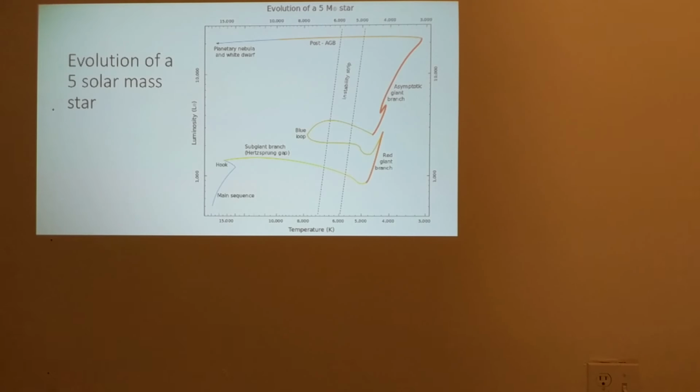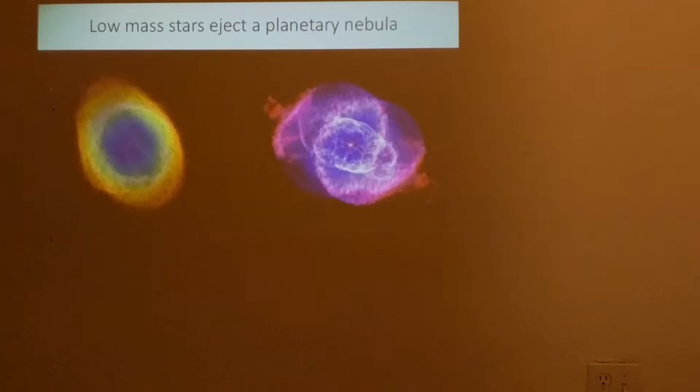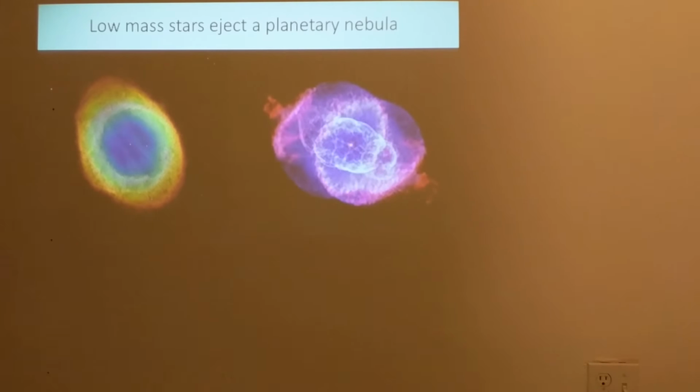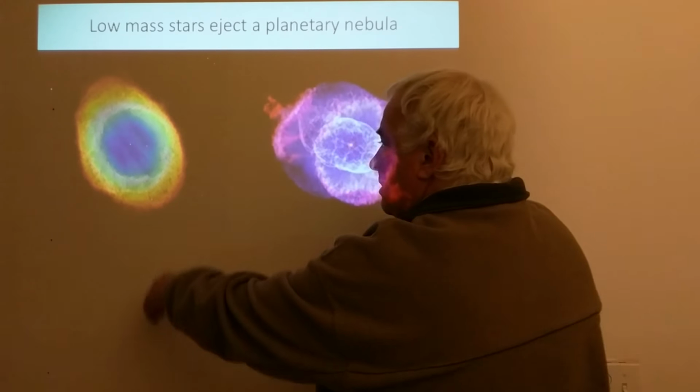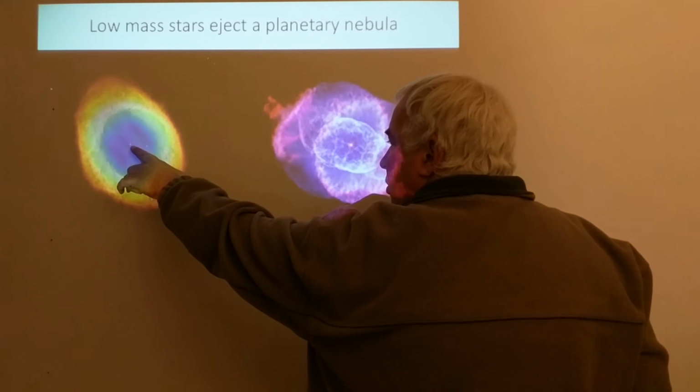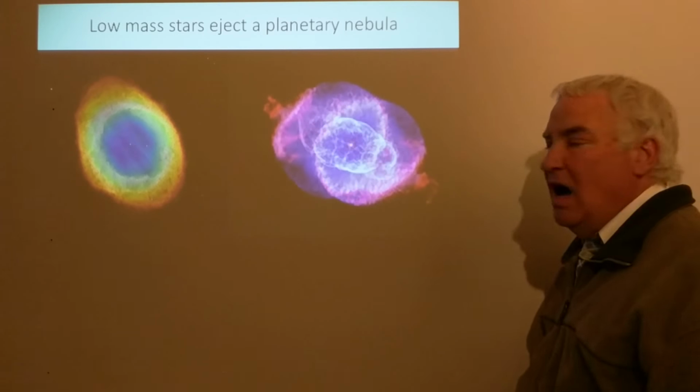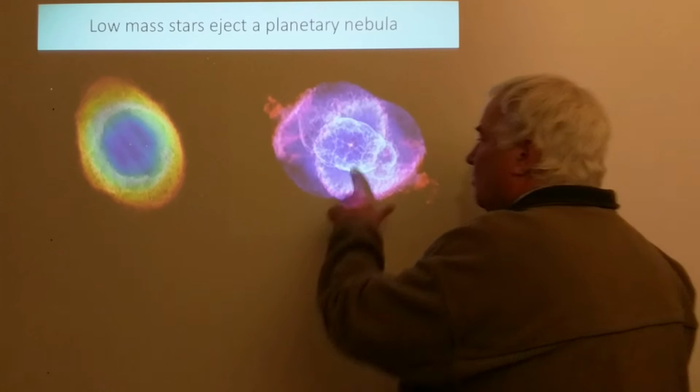So for the lower mass star, what happens is we have the production of these beautiful clouds of gas around the star, and these last only about 10,000 years. And so the star has lost its outer layers, the core of the star remains, and it's very, very hot, hundreds of millions of degrees.